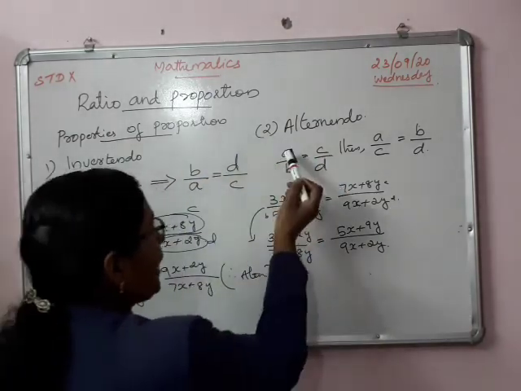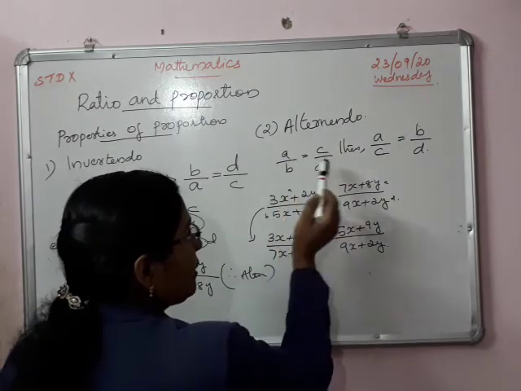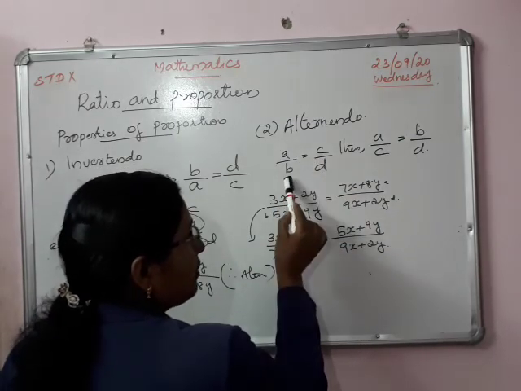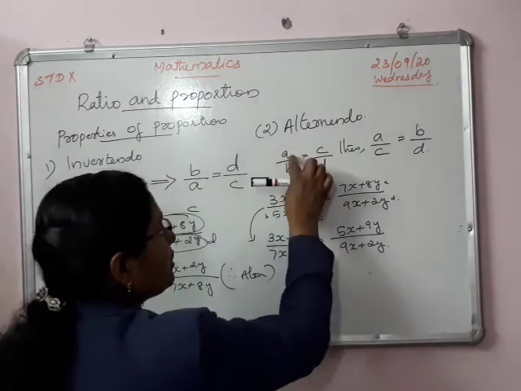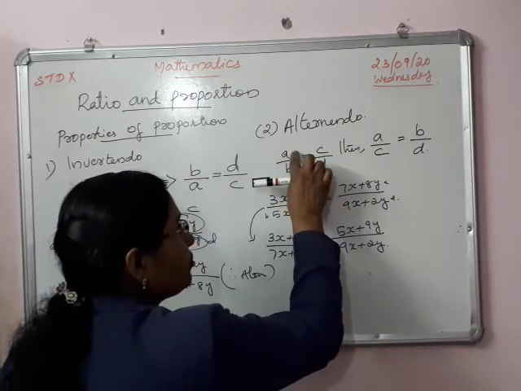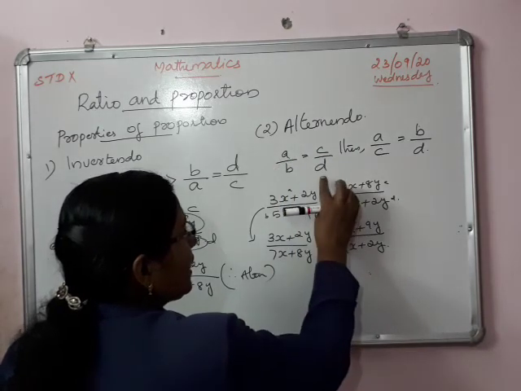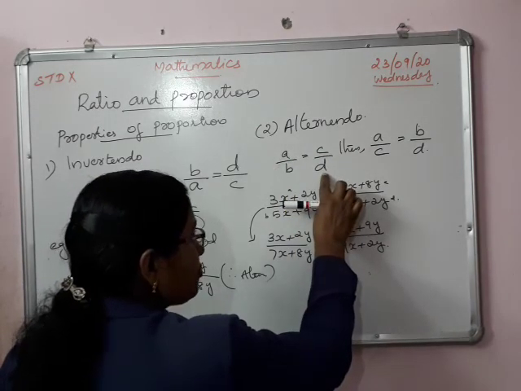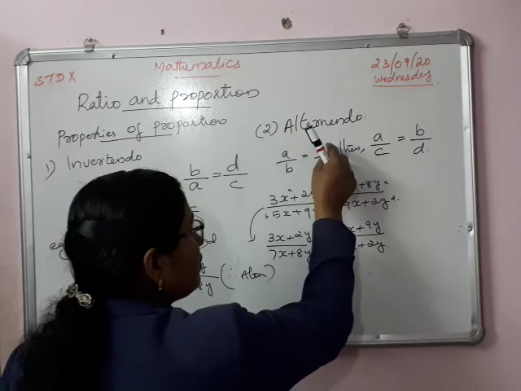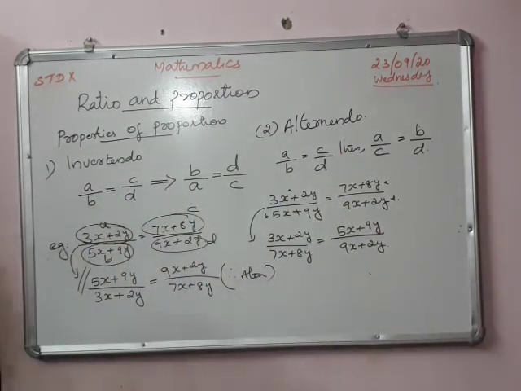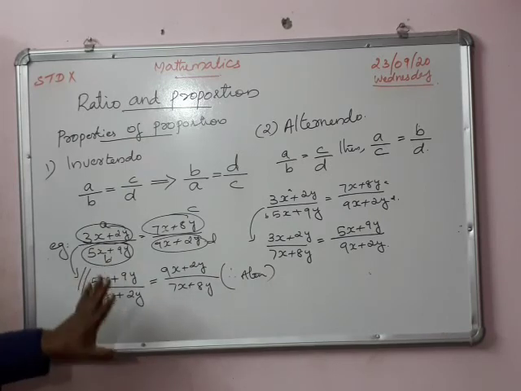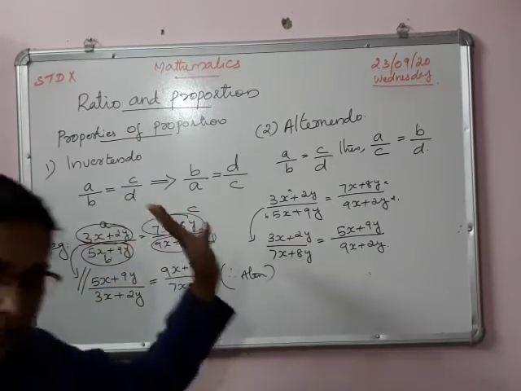Alternative means A by B is equal to C by D gives A by C and B by D. Here the first numerator and the second denominator have no change; only the second one's numerator and the first one's denominator change places. That is alternando. Write in your notebook with some examples for understanding.